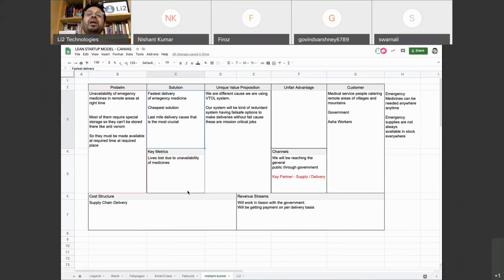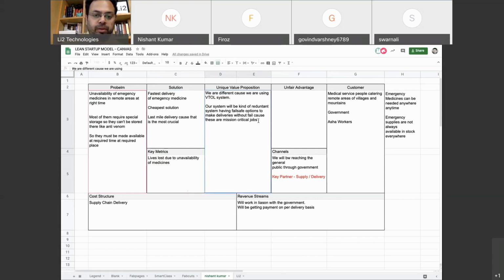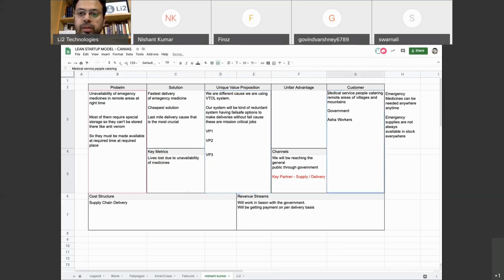This is a major assumption we are making, because where is the value proposition? So as soon as you write customer, you need to write value proposition. I'm going to just short form it to VP1, VP2, VP3, where your one is medical, whoever it is. Then there's the government. Then there is the ASHA worker, right?